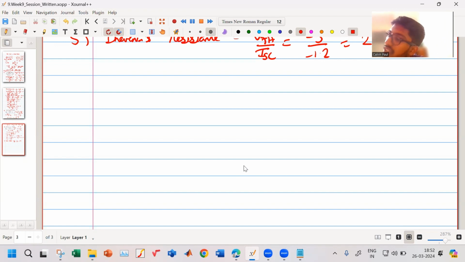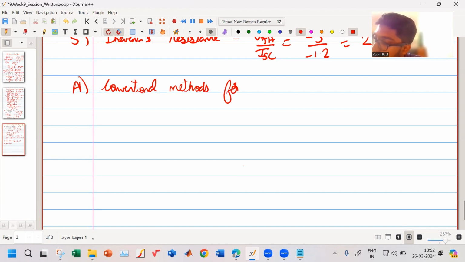Okay, the AC circuit phasor diagram. So one thing you guys want is the conventional method to solve differential equations, right? This is one.